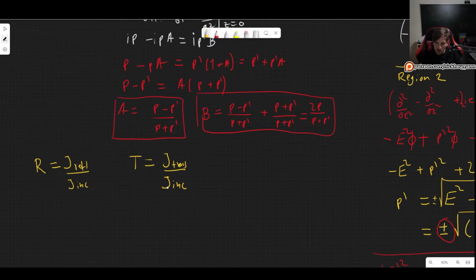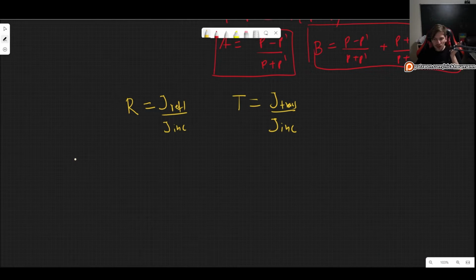So we need to find all those quantities. Now, how do we calculate any of those currents? Well, we will have to think back to the equation that we found in the previous video, but it's actually the same that you have already seen in your quantum mechanics courses, which is that the probability current is 1 over 2mi times phi conjugate times nabla phi minus phi nabla phi conjugate. Okay, so we'll have to calculate this for each one of those cases.